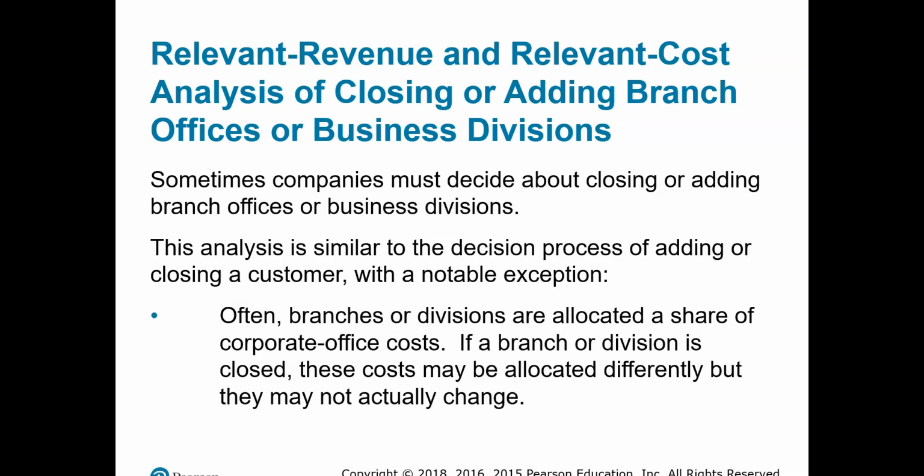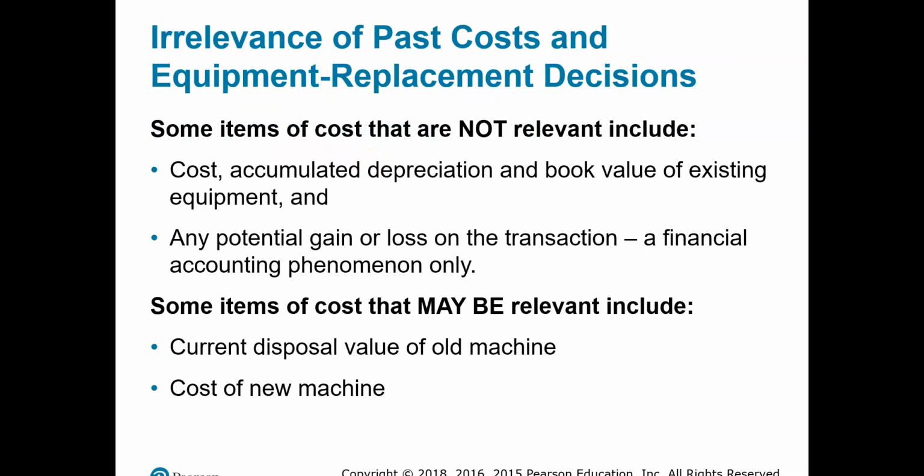With this, we often have to look at the fact that branches and divisions are allocated a share of corporate costs. If corporate costs are going to be the same, then those costs are not irrelevant. If we shut down something, we're going to shift the allocation of those costs to the ones that remain open. So those costs may not change.